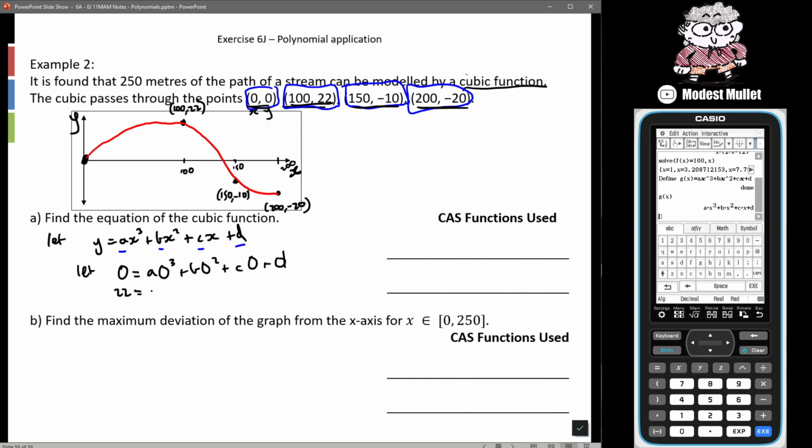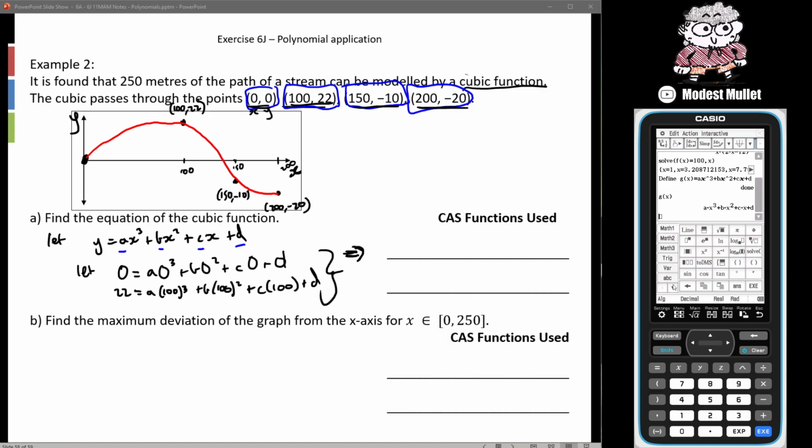So we get 22 is equal to a by 100 cubed plus b by 100 squared plus c by 100 plus d. You'd write that out 4 times. And from that, you could just use the therefore symbol, because it's assumed in a tech active exam that you're going to use your CAS to solve this set of simultaneous equations. So you write the therefore symbol, and then write the answer that you get from your CAS.